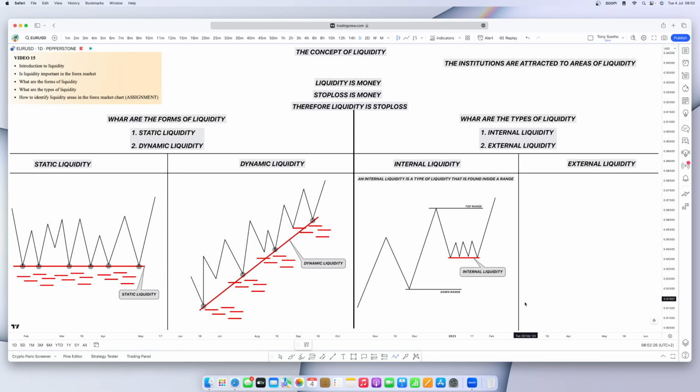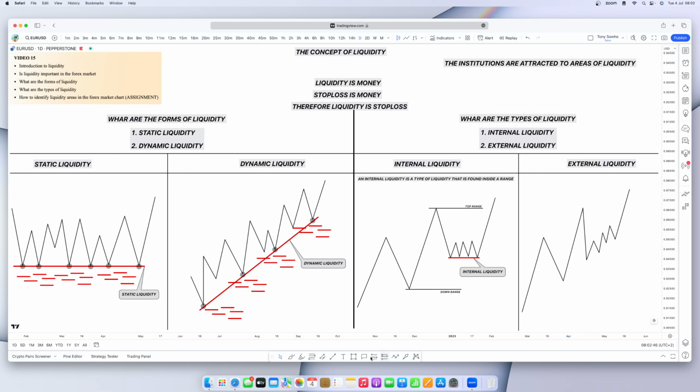That is a case where we're going to have this, and then we have this, okay, and then we have this, and then as price, remember we have the top range and the down range, and then we have something like this. And then price just gives us something like this.